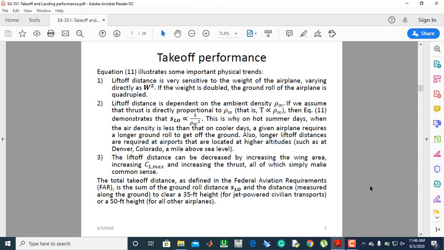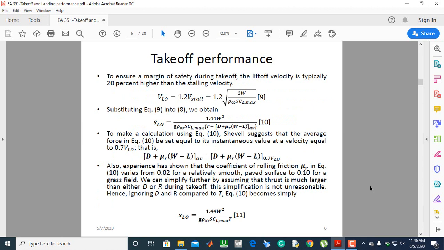So if you increase the weight, you will increase the lift off distance. From here, from this equation 11, if you increase the weight, then it means that even the lift off distance will increase.